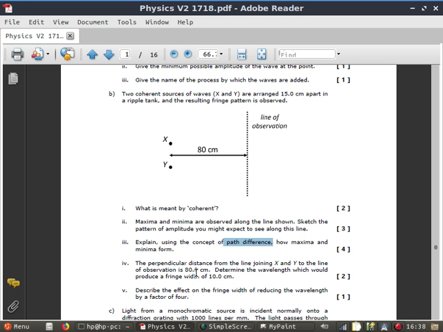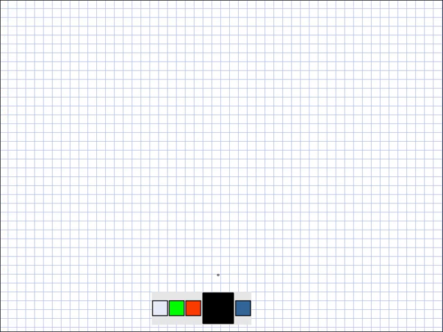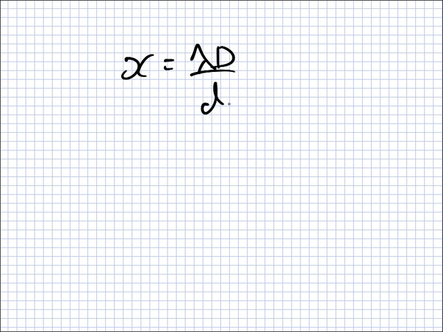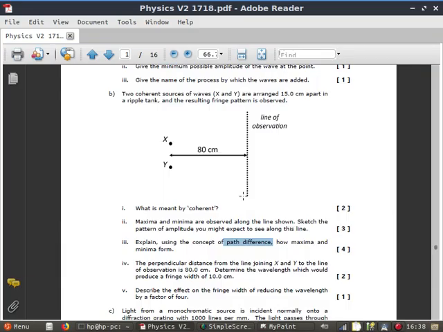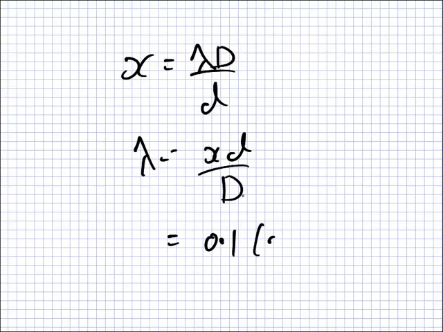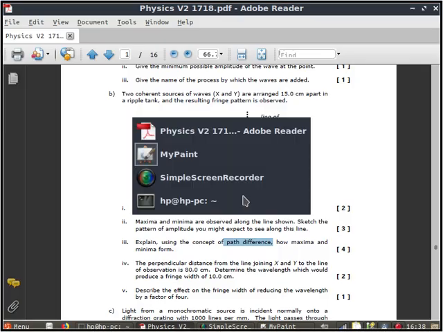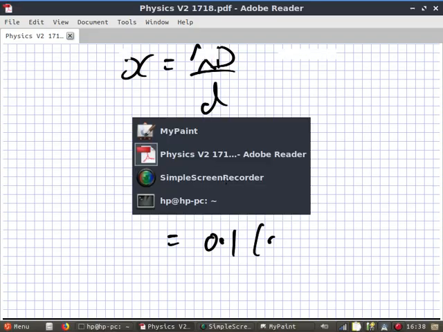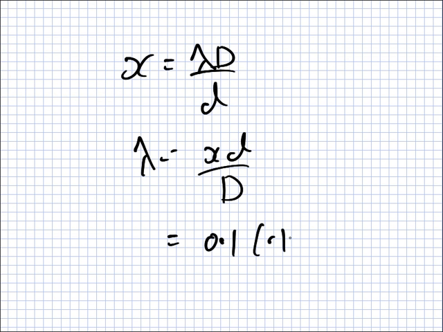Right, so they want to know what's the wavelength, and the fringe width is 10 centimeters. So basically they just want you to use the formula, you know the one, x equals lambda d over d. So lambda is x d over d, which is 0.1 times, no, what was it, 0.1? Yeah, times 0.8, no, 0.15, wasn't it? Yeah, over 0.8. Yes.